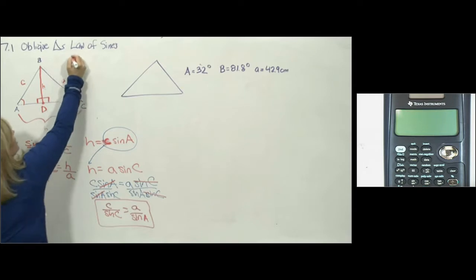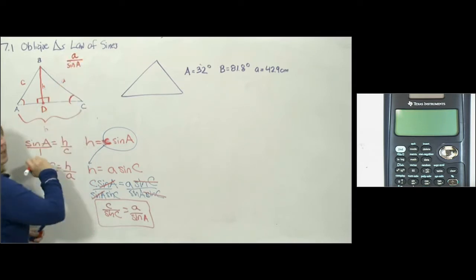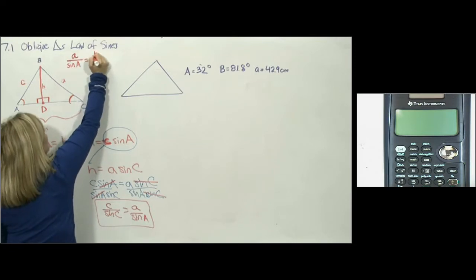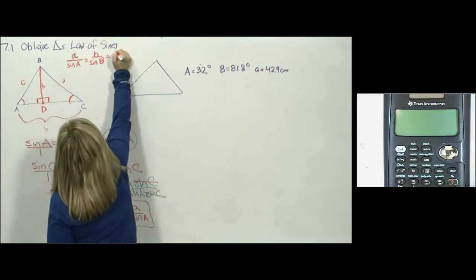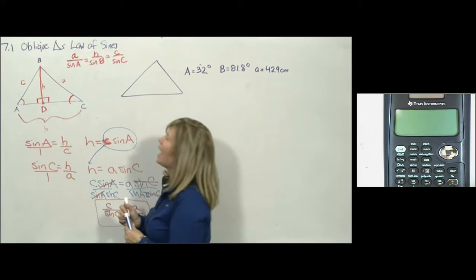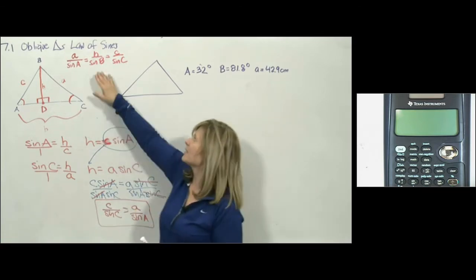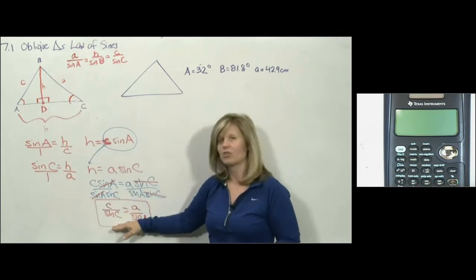So the law of sines is side A over the sine of angle A equals side B over the sine of angle B equals side C over the sine of angle C. This is the law of sines. It's these three fractions. Now, I know when we just developed it, we only got two.